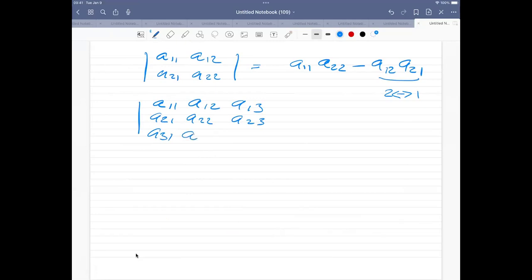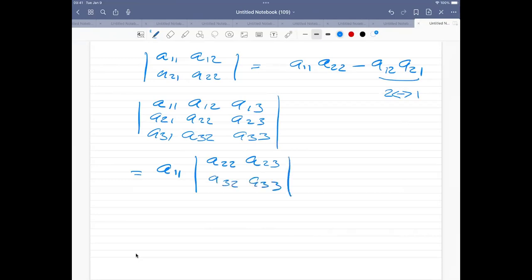So if you look at that one, this is simply given if we choose the upper row as a starting point here, we will then have A22, A23, A32, A33, and then it's minus A12, and then it's an A21, an A23, and then an A31, and then an A33.